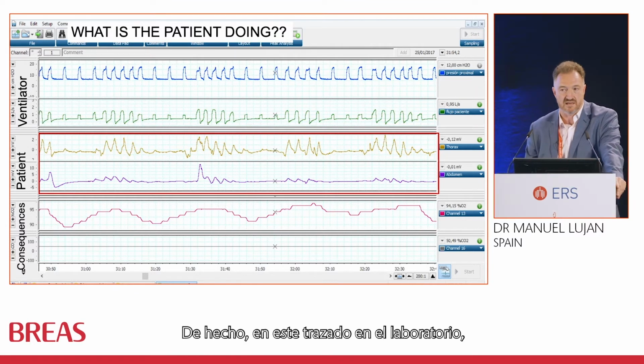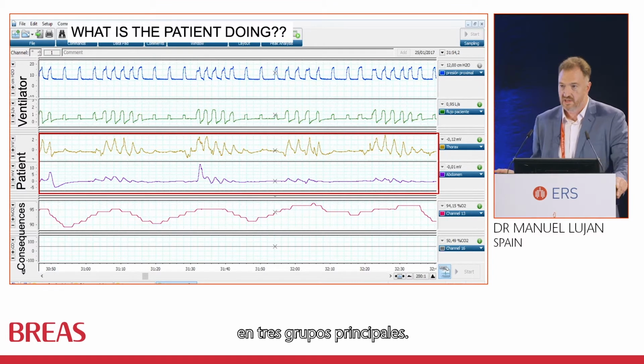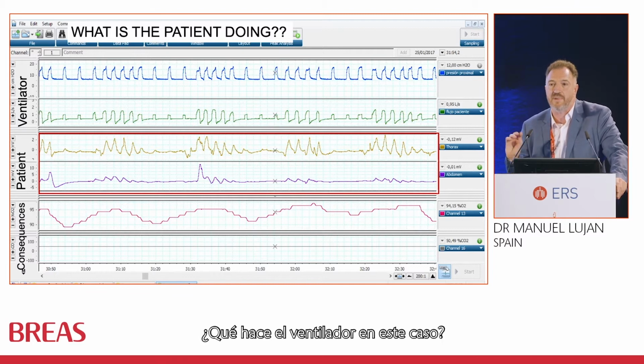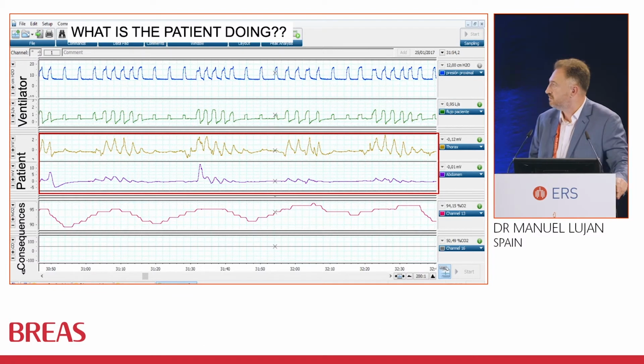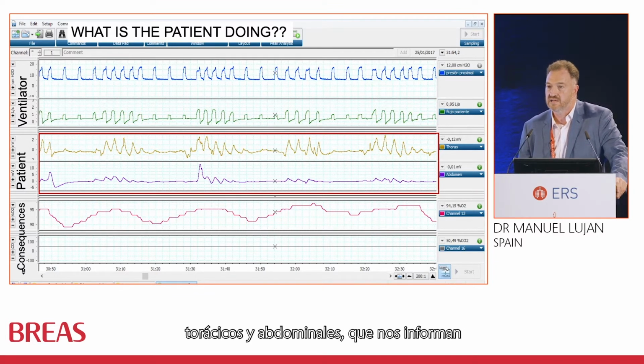In fact, in this sleep lab tracing, we are able to classify all the signals in three main groups. First group, the pressure and flow curves. That is what the ventilator is doing. The third and fourth are the signals of the thoracic and abdominal belts, informing us what the patient is doing.